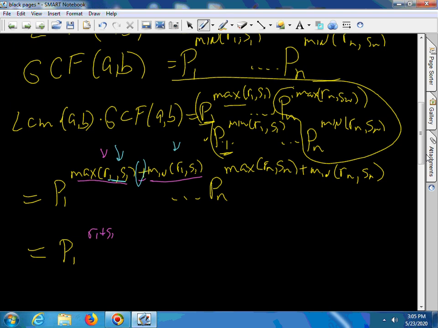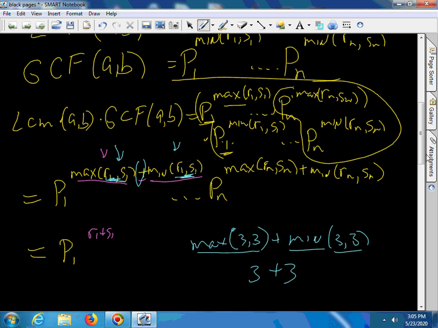The max of 3 and 3 plus the min of 3 and 3: we have to add, so 3 plus 3. So we just add them. No matter how we do it, we keep getting that the power is R1 plus S1.